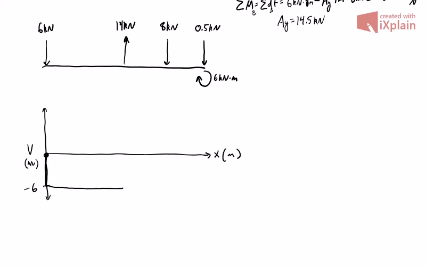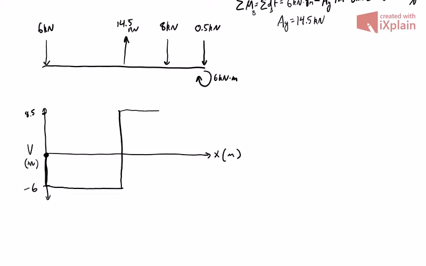And then we have an upward 14, sorry, that's 14.5. I'll fix that. So that is an upward 14.5 kilonewtons. Okay, so -6 plus 14.5 is positive 8.5. So we go all the way up to positive 8.5.